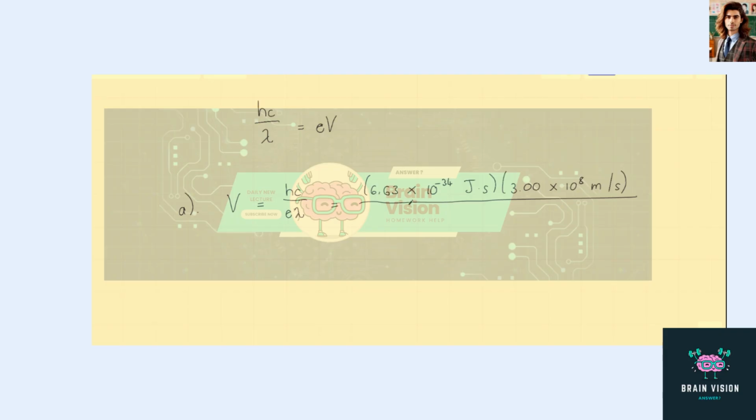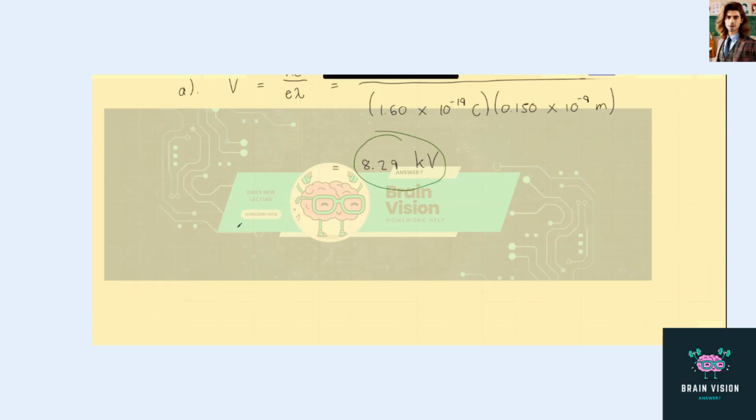All of this divided by the charge on the electron e, 1.6 times 10 to the minus 19 coulombs, multiplied by the given wavelength of 0.15 nanometers, which is times 10 to the minus 9 meters. So calculating, we get the accelerating voltage to be 8.29 times 10 to the 3 volts, or 8.29 kilovolts.